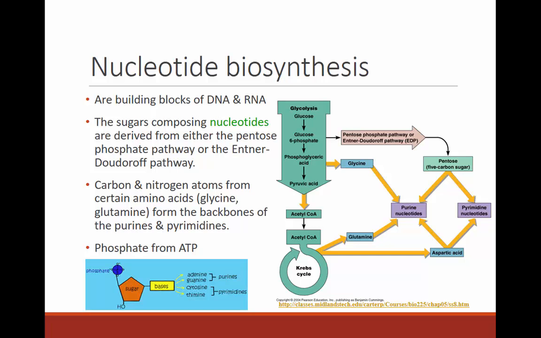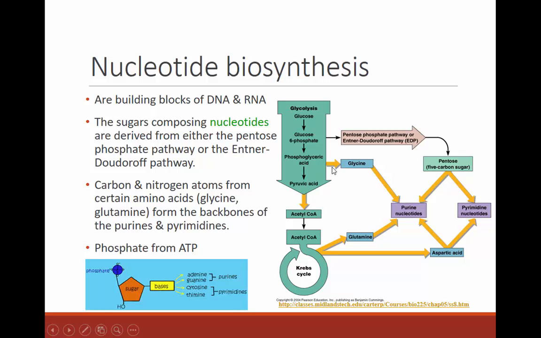But we all need, every cell needs some nucleotides. So those nucleotides are the building blocks of RNA and DNA. And you get the sugars from the different pathways. So you can get from the pentose phosphate pathway or the Entner-Doudoroff pathway.